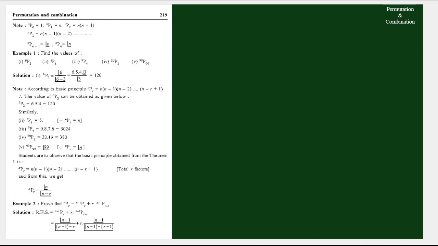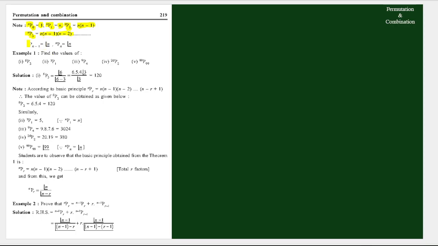Okay, so some important formulae you have to keep in mind. I have to use the highlighter. nP0 will be how much? 1. Then nP1 will be how much? n. nP2 will be how much? n into n minus 1, 2 places. nP3, 3 places, so n into n minus 1 into n minus 2.